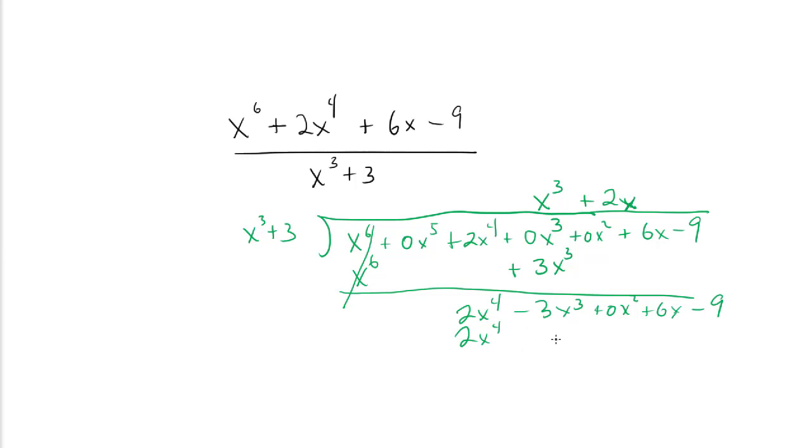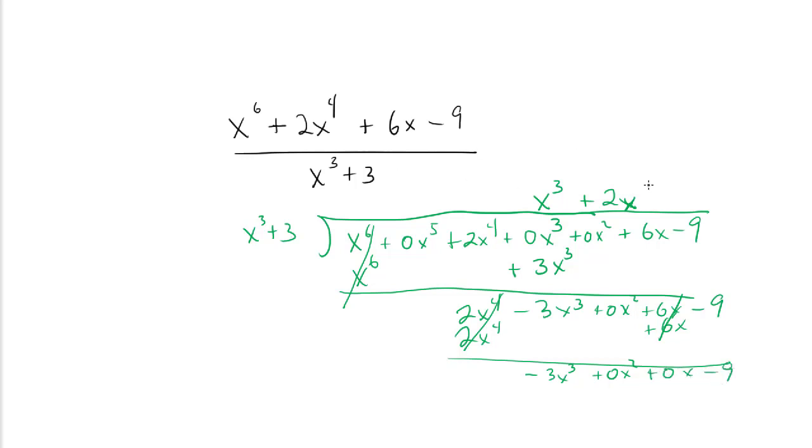So there's nothing in the cubed column, there's nothing in the squared column. I'll get plus 6x in that case. And as I subtract, well, those cancel nicely. Even the 6x's cancel nicely. I'll get minus 3x cubed plus 0x squared plus 0x at that point minus 9.